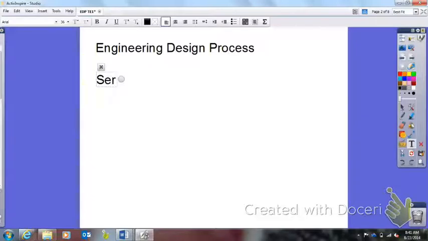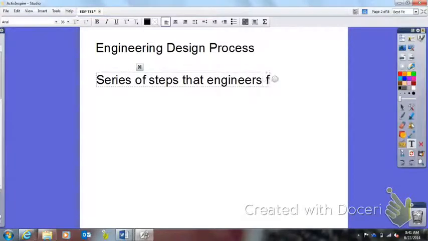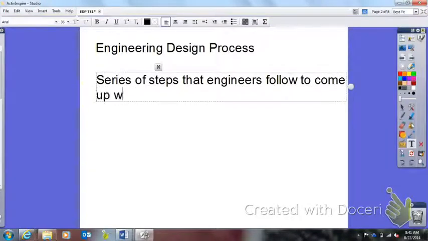The engineering design process is a series of steps that engineers follow to come up with a solution to a problem. Okay?